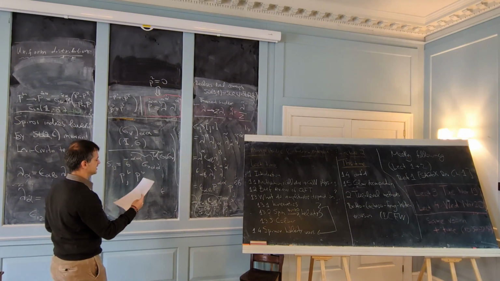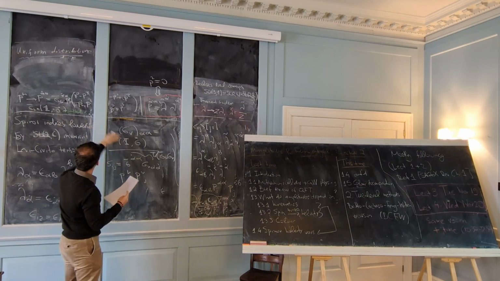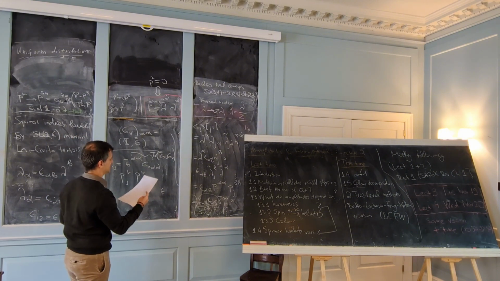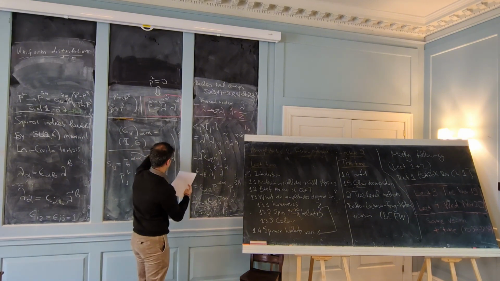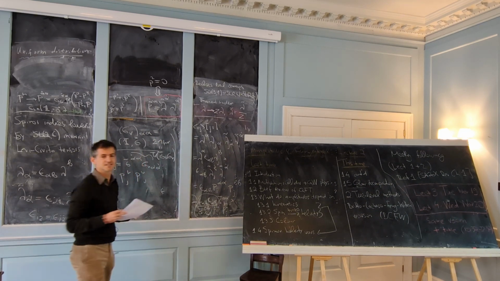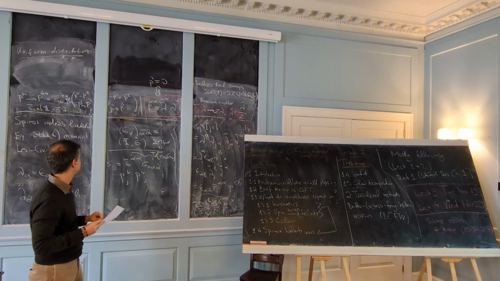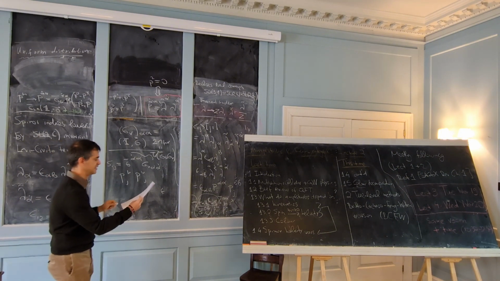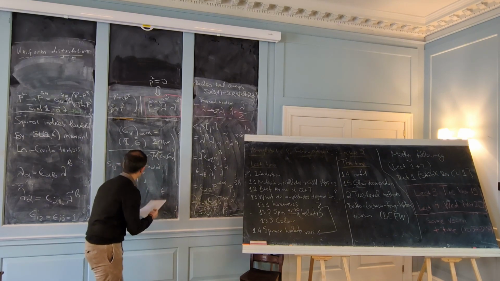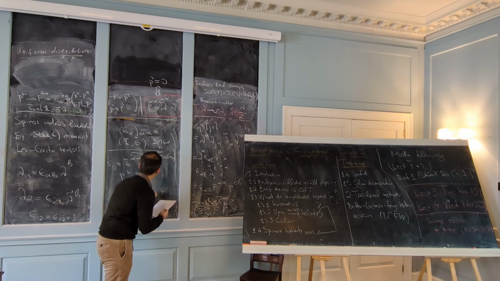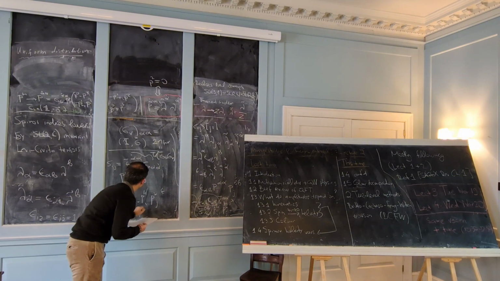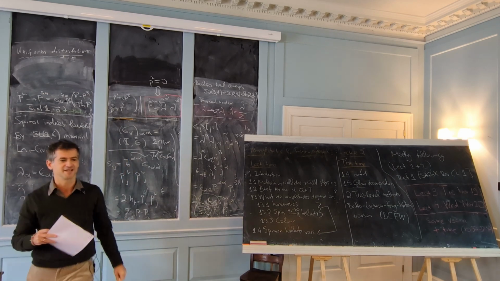And this trace, by just inspecting the form of the Pauli matrices, is indeed equal to 2η^μν. And therefore, if you work it out, this is 2η^μν p_i μ p_j ν, which is nothing but 2 times p_i · p_j, the Lorentz vectors.